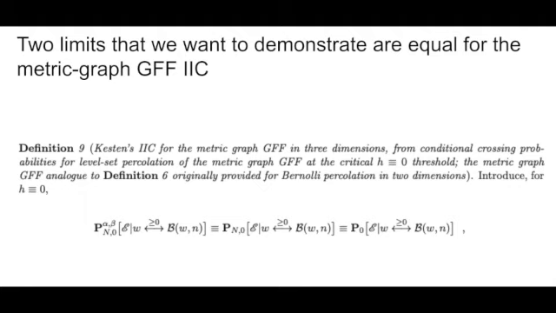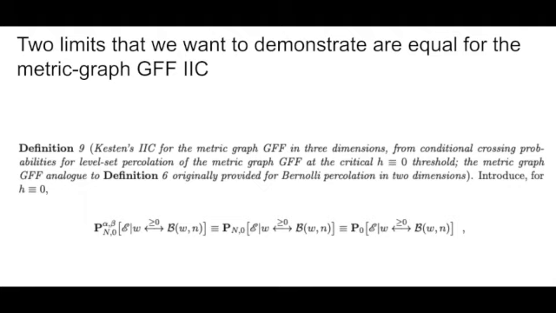So we want to introduce, for h equal to 0, this conditional probability. We want to look at the probability of some cylinder event occurring, that we introduced on the previous slide, conditionally upon W being connected to the boundary of the box B(W, n), where this is just given by some box and W is given by some point.